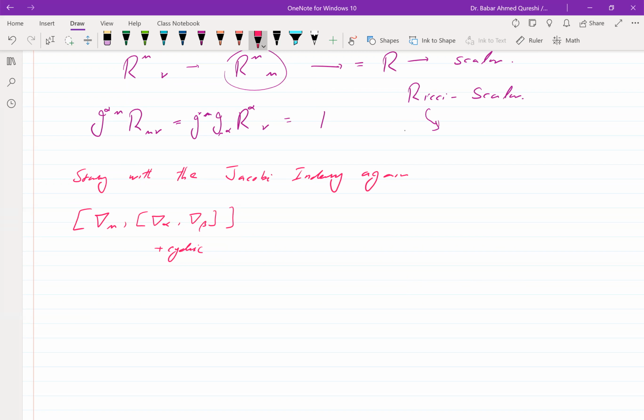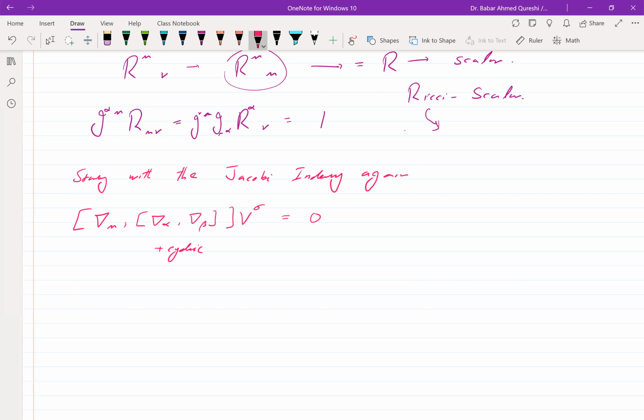We know that this is going to be 0. Before we had put it on top, acted on a scalar, and that had given us some symmetry properties. If I act on a vector, it's still going to give me 0. But this time I can prove it, it's just a little bit of manipulation, not much.